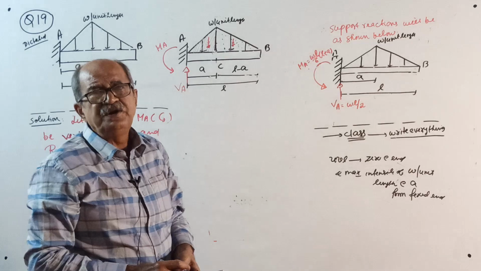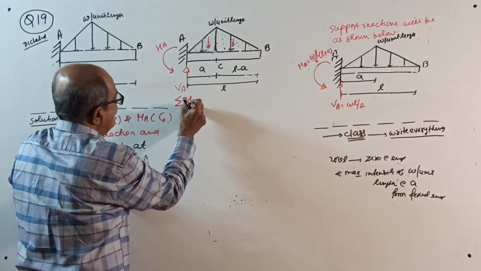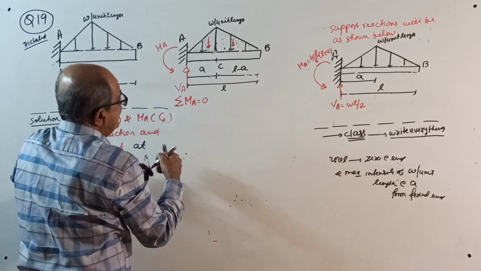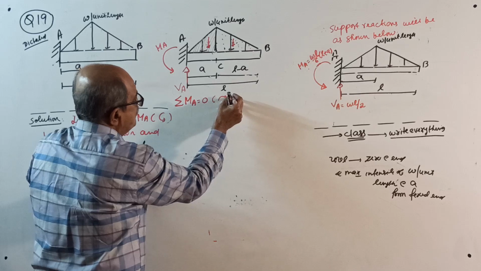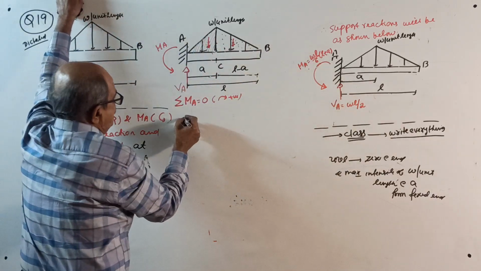First of all, I should not tell all these things. Start now. Sigma M about A equals 0, take clockwise positive.